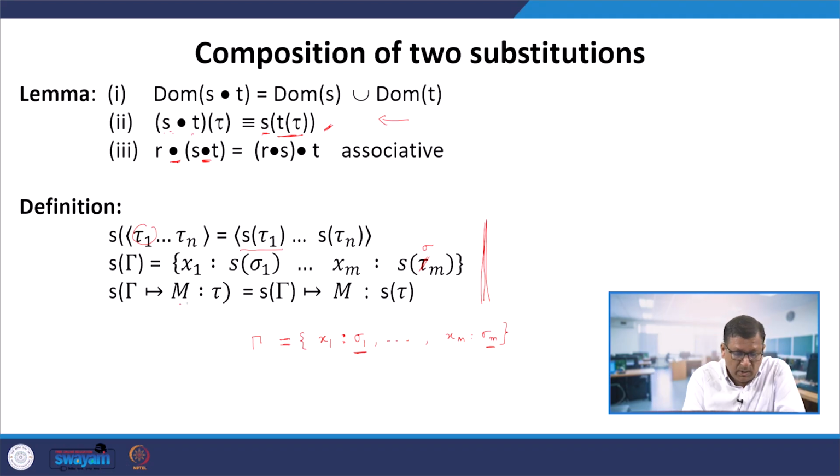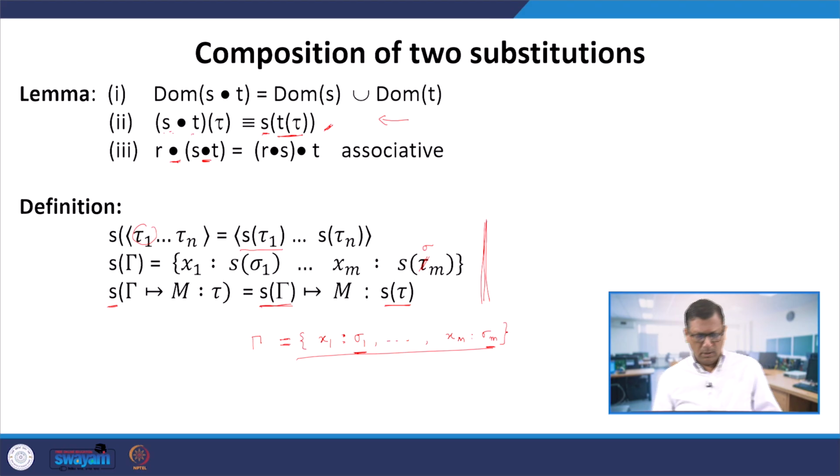Now when we have this formula gamma, in that context m has type tau. For this substitution of S, we are doing S of gamma, and we know it will be like this: we have to apply S and get m colon S of tau. This is what we are going to use in the TL lambda in the PT algorithm.